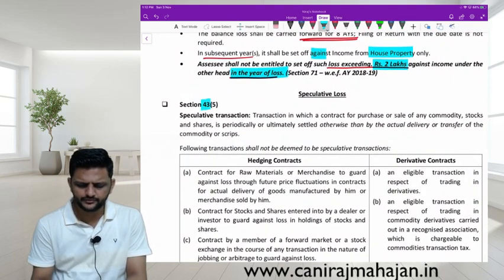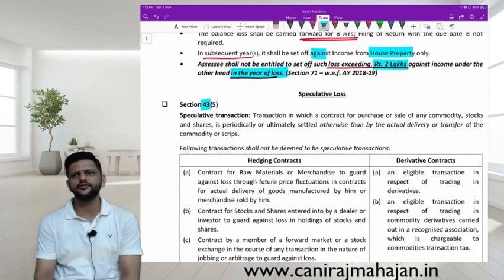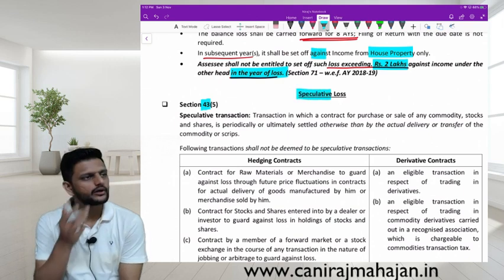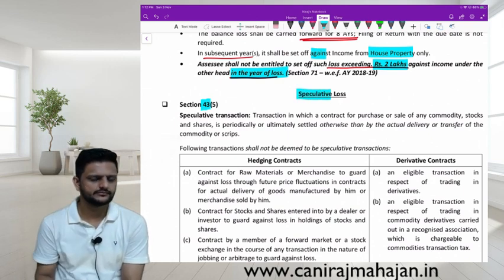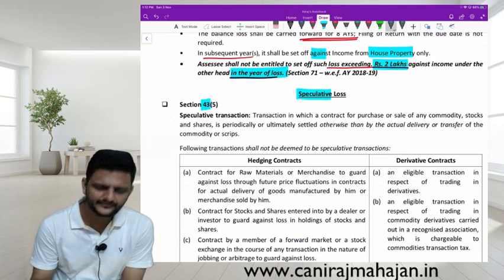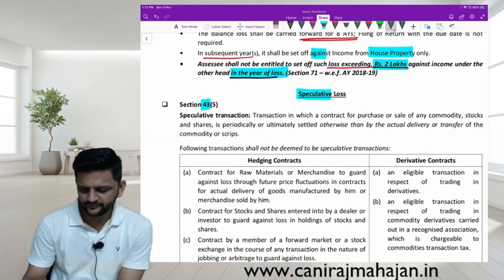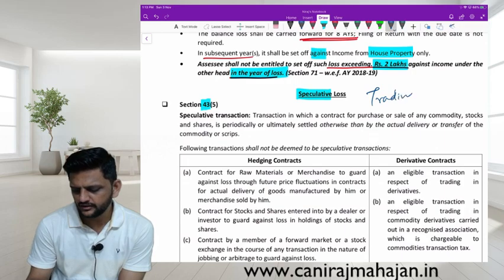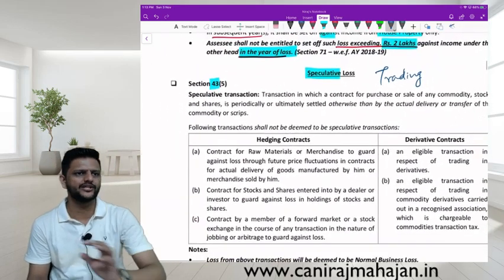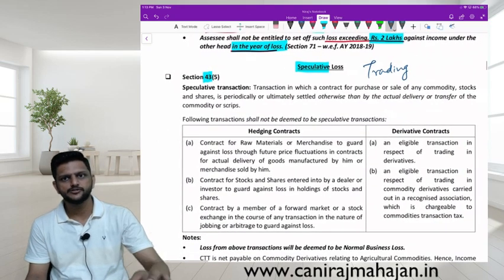Pay attention. Which section do you see here? Which head of income? PGBP. So this will happen only in your business. It is a trading loss kind of, because of speculation.